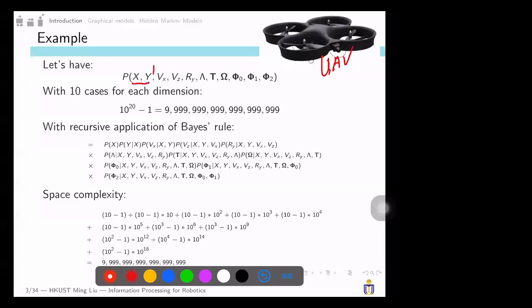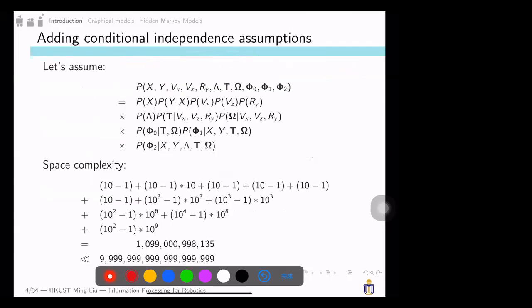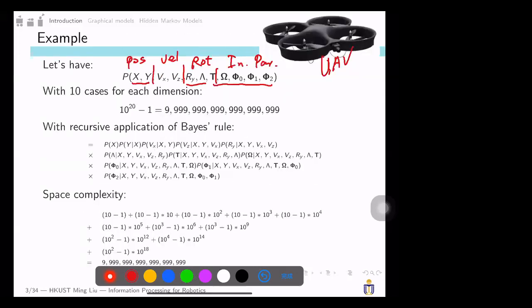So you have the positions, the velocities, the rotations, and probably other inertial systems and other parameters. This is your state, and it can go up to, let's say, 20 dimensions.